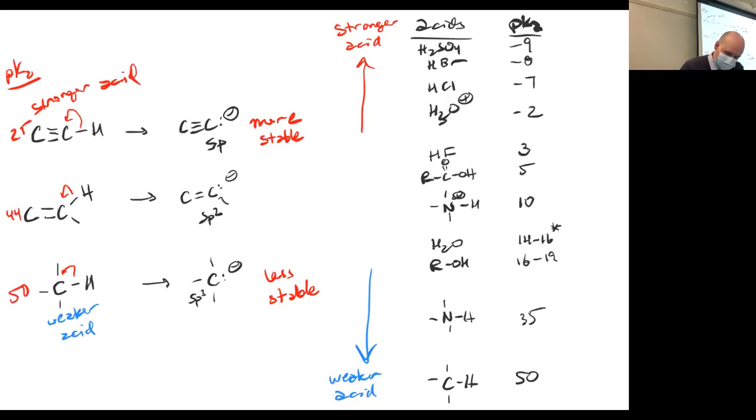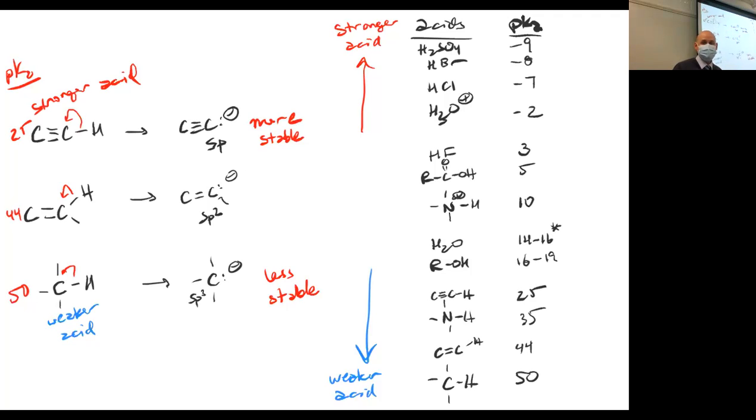So that 25 will fill in about here. So a C triple bond CH is going to be around 25. And a C double bond CH is going to be around 44. So once again, we know that an alkyne is a stronger acid than an alkane.